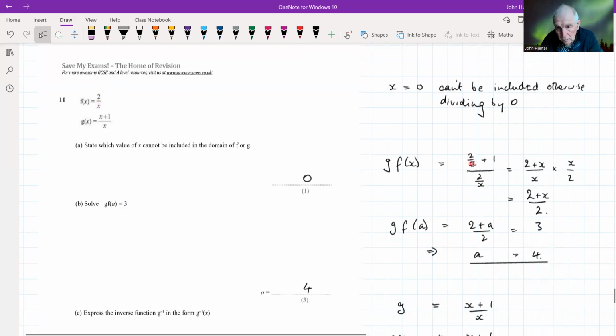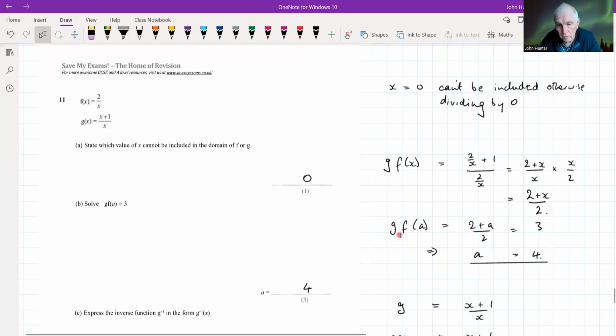So that x becomes 2 over x, and this x becomes 2 over x. Then if we work this through, that's going to be 2 plus x over x divided by 2 over x. And if we divide by a fraction, we multiply by its reciprocal. So that's x over 2, and that comes to 2 plus x over 2.